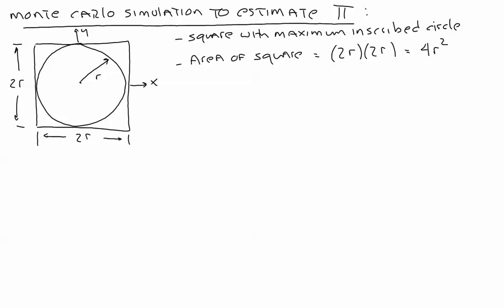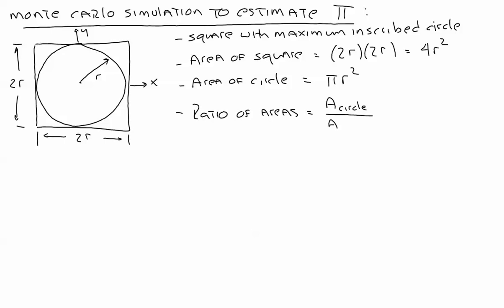Area of my circle is clearly pi r squared. The ratio of the areas, the area of the circle divided by the area of the square, is just pi over 4. And I'm going to set that equal to a capital R.